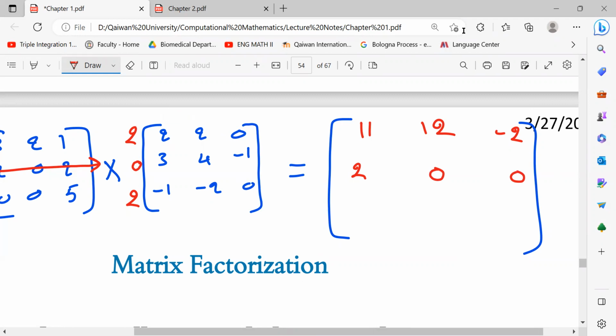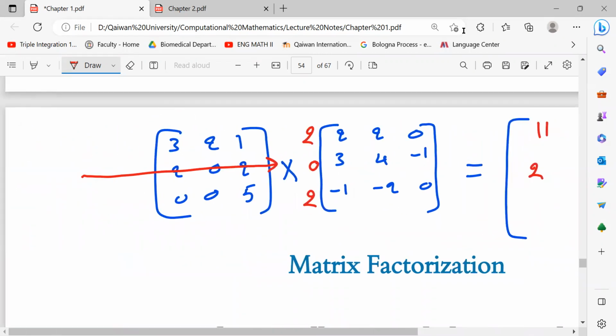Then we multiplied the second row by all columns. What we do now, we take the third row. We finished everything with row 2. Then we take row 3. We take this row and write down here 0, 0, and 5. Then we multiply it by all columns.